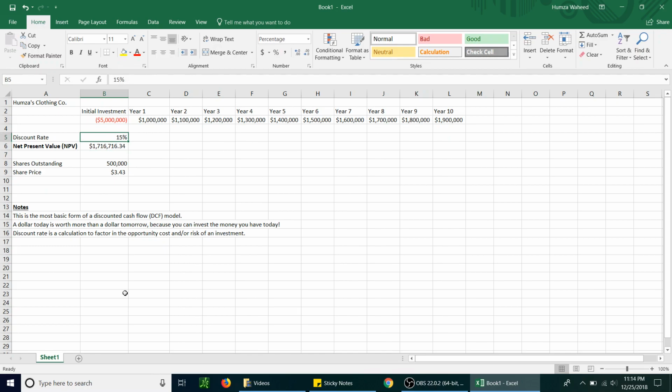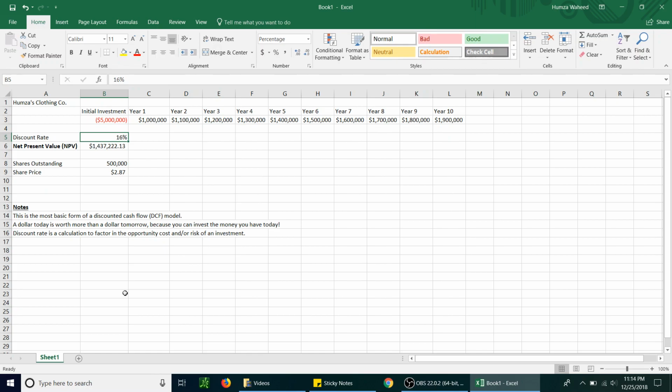If you're assuming that this company has a 14% discount rate, one investor thinks it's risky, so they assign it a 14% discount rate, but someone else assigns it a 16% discount rate. You can see how that factors into the actual NPV and into the share price there too.